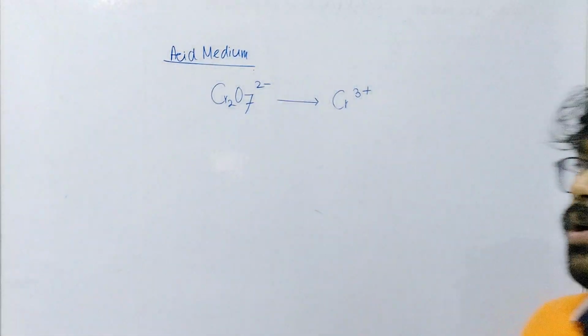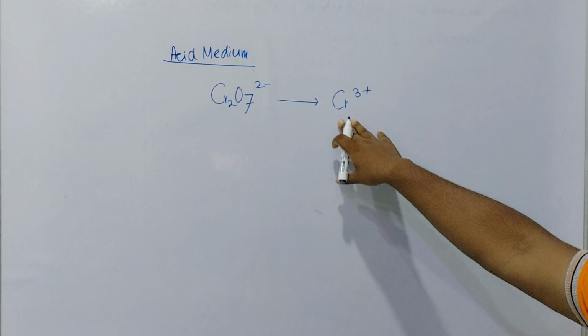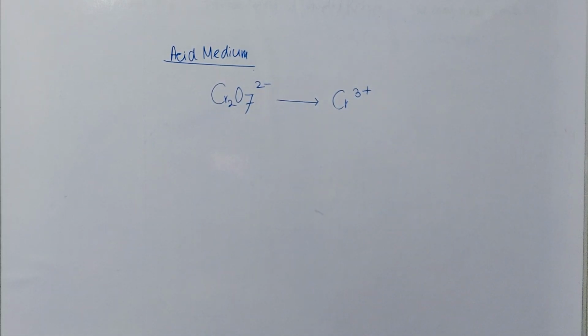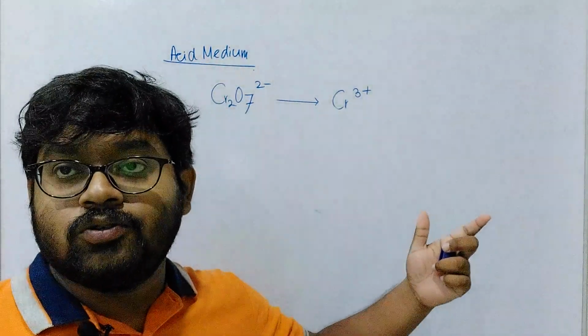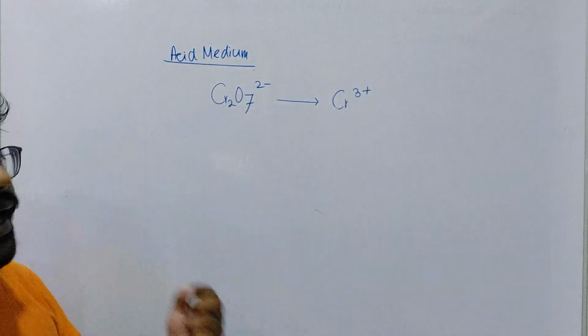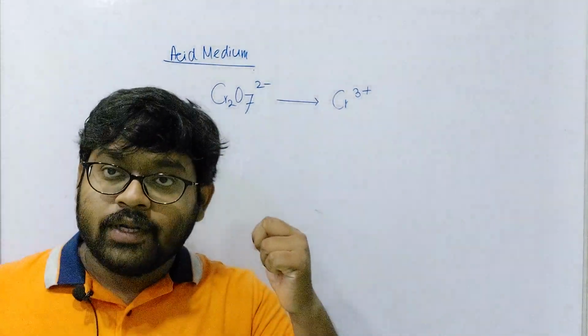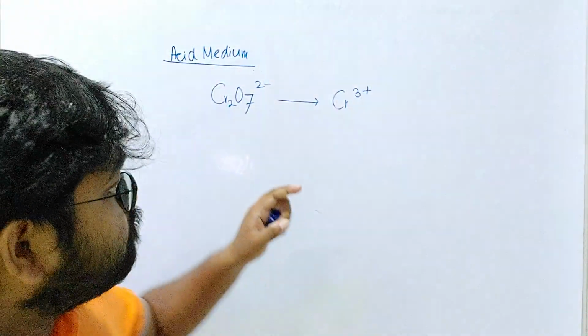So how to balance this reaction? First of all, look at this reaction and look into both sides, the left hand side and the right hand side. Now what can we see?